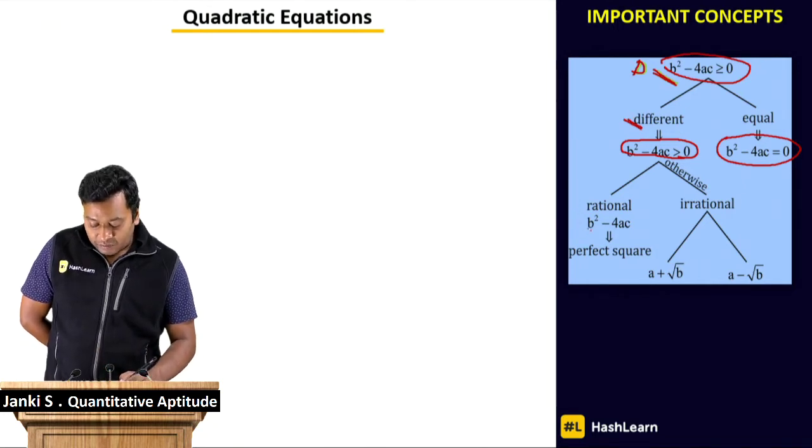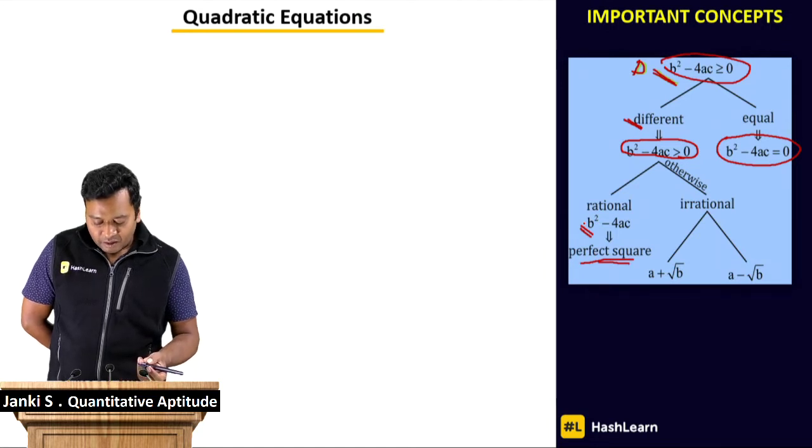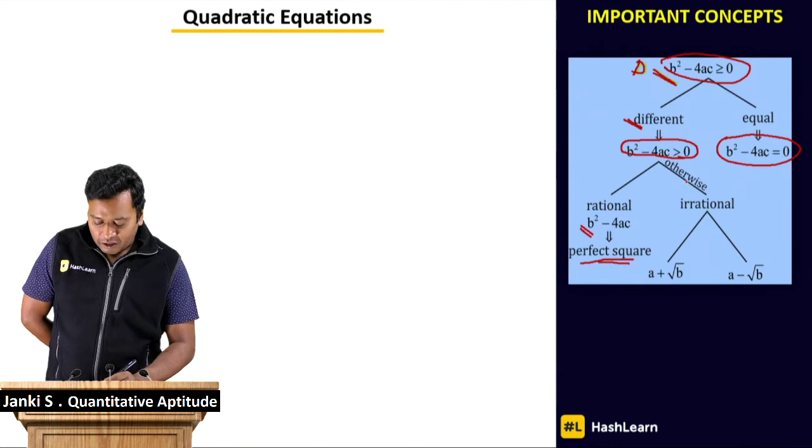So if it is given rational, where b square minus 4ac, then it will be a perfect square. If it's a perfect square, that means I'll have the value in rational format, right? If it is not, I'll get irrational roots.